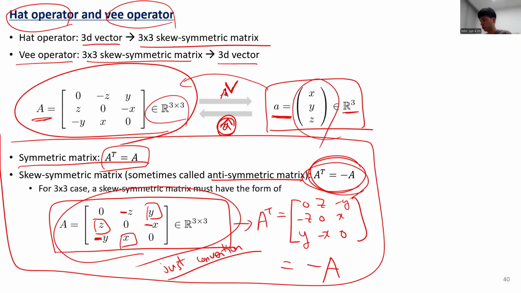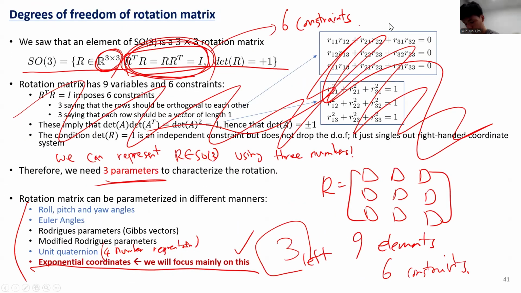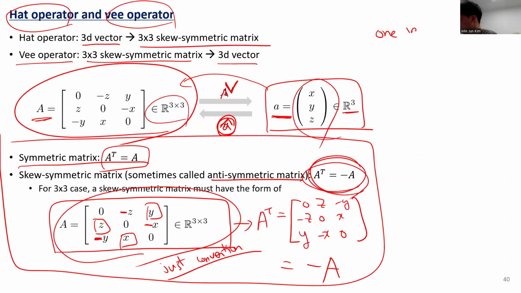I forgot to mention one thing. Here, one important fact is that if you do A cross B, that's a cross product, right? That's actually the same as A hat times B, where this is a 3 by 3 skew-symmetric matrix, and A is in R3, B is in R3.